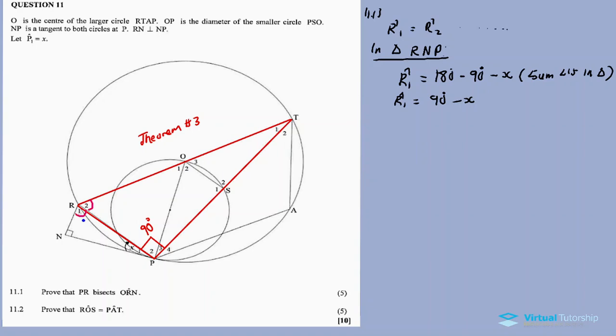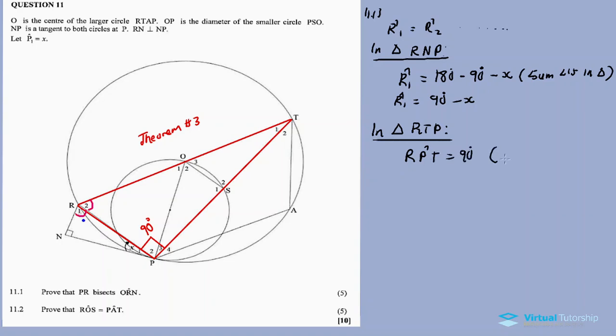So let's do the calculation, but first the argument I have presented. Okay, let's start off with this angle. In triangle RTP, angle RPT is equal to 90 degrees.